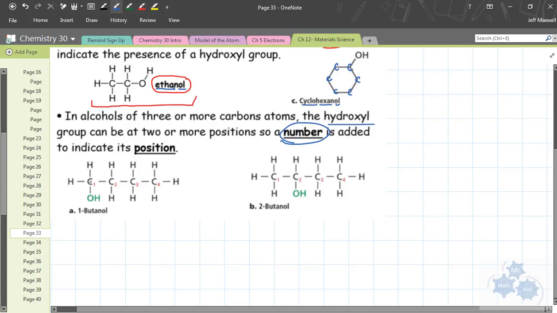So we have 1, 2, 3, 4 carbons. That makes it but-, right? We see that there's an alcohol group, so it's got to be an "ol", single bonds, butanol. And the OH group is on the number 1 carbon, so we add 1 dash butanol. If that's a little bit small, I'll rewrite that for you. That's 1-butanol.